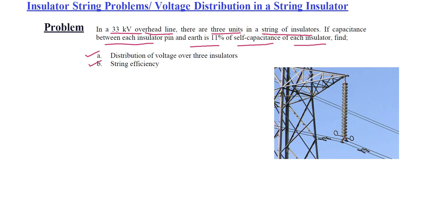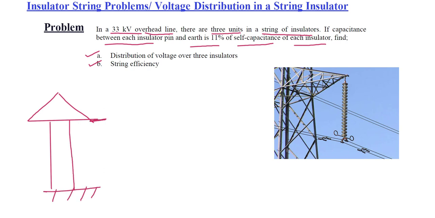So I'm going to redraw the tower. This is our tower, and on the cross arm we have three disks which are connected together to make a string. Then we have the line.